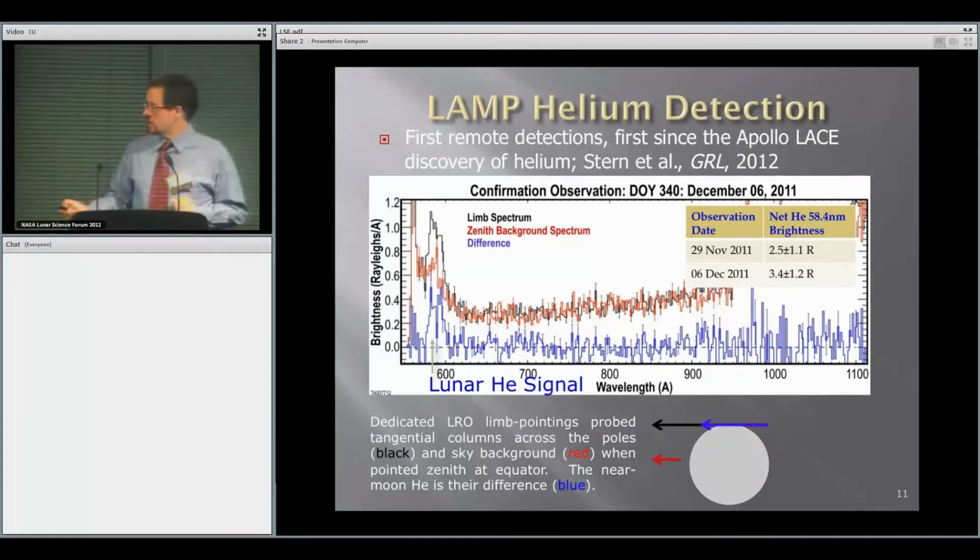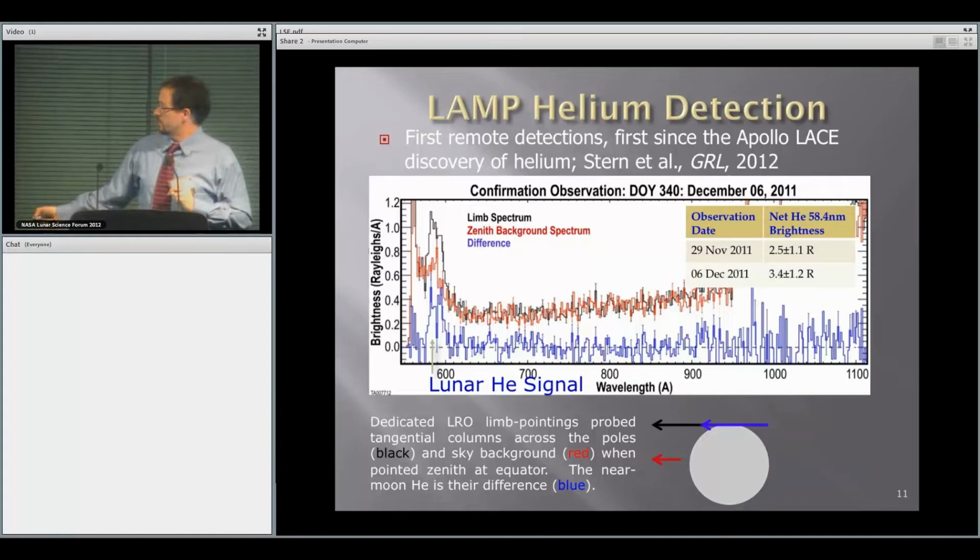So we came up with an observing technique where we observed along this long line of sight across the poles, and then shortly after kept staring at the same exact point in the sky when we're pointing straight up at the zenith as we cross the equator, and we subtract this background in red from the observation in black, and we get this residual blue feature here. And this is attributed to the lunar signal.